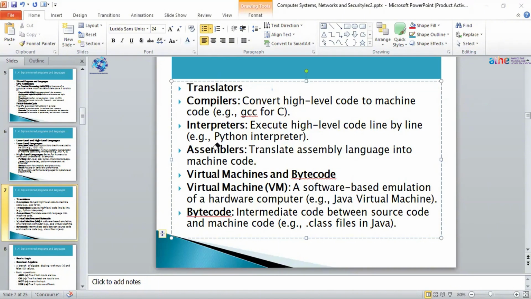Then we have interpreter. So what will the interpreter do? The interpreter will translate the code line by line. Like first of all, it will take this line and convert it into zeros and ones. If it contains an error, it will send a notification to the user that there is an error, you have to remove it.